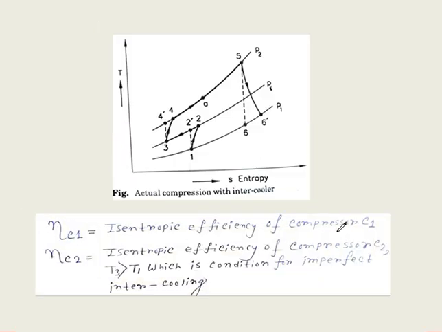Eta C1 is the isentropic efficiency of compressor C1 and eta C2 is the isentropic efficiency of compressor C2, where T3 is greater than T1, which is the condition for imperfect intercooling.